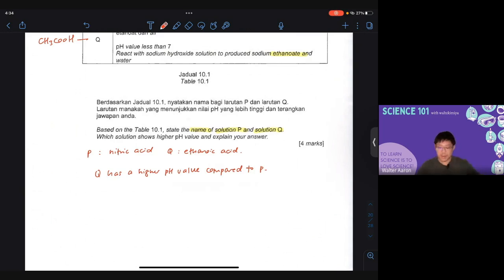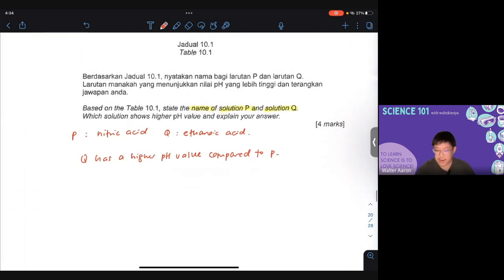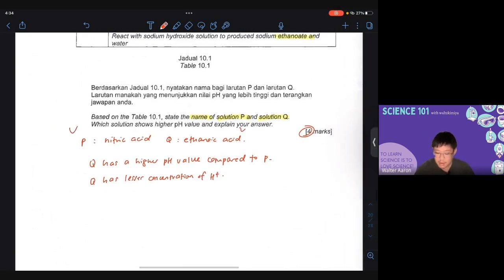You can say that basically Q dissociates partially in water to have a lesser concentration of ions. Or you can just straight away compare and say that Q has lesser concentration of H plus. Also can already give you 4 marks in total. Okay, so 1 mark, 1 mark, 1 mark, 1 mark.